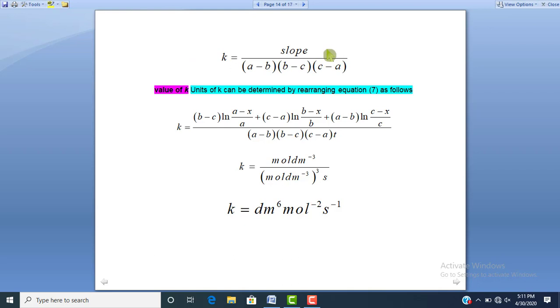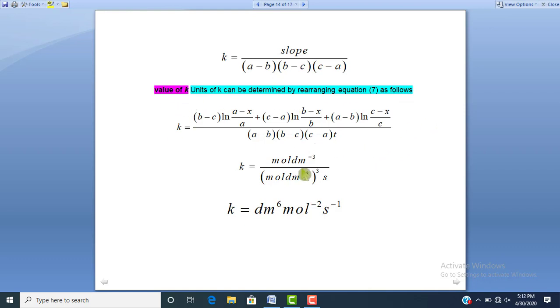So we can determine the rate constant for a third order reaction, that will tell us at which speed the reaction is going. Dear students, at the end, once we calculate the value of rate constant k, its unit can be found out by using equation number 7. This is equation number 7.